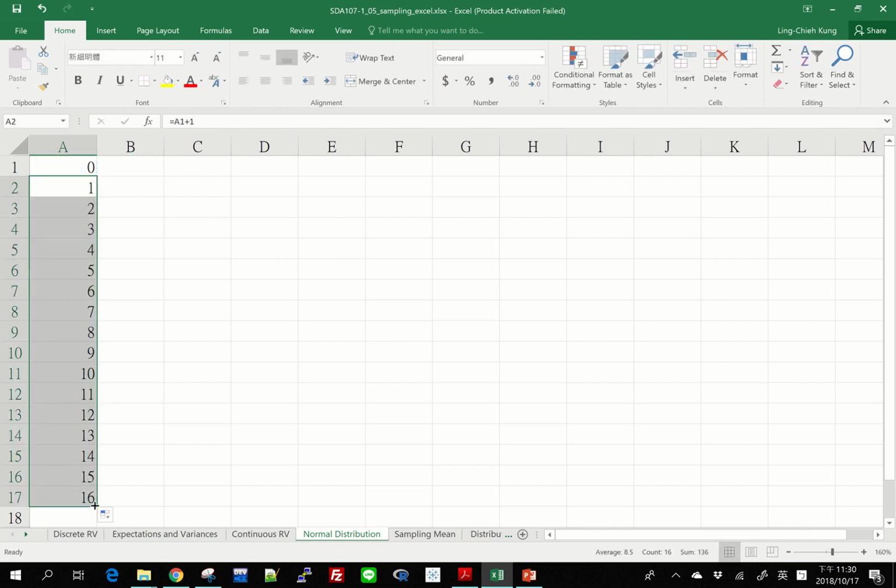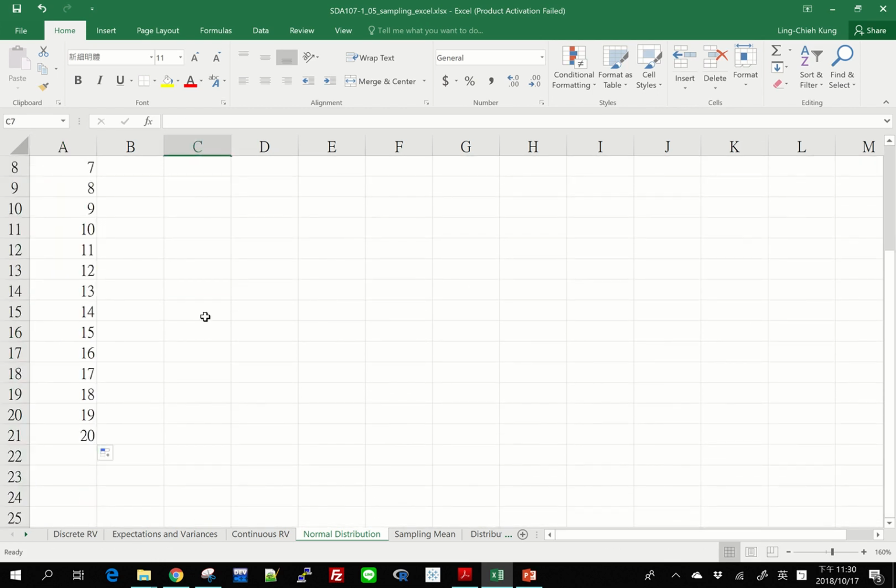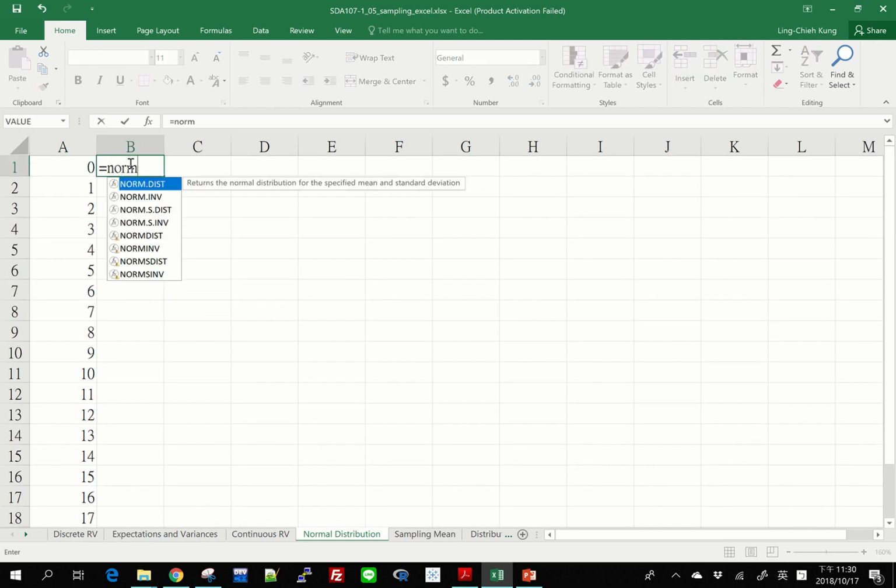If I do so, I roughly get 21 values, and they are just integer values between 0 and 20. For each value, I want to use this function, norm.dist. I want to ask, what's the probability density for 0 with respect to a normal random variable with mean 10, standard deviation 2?